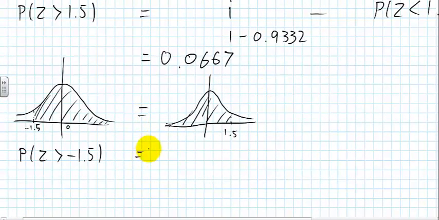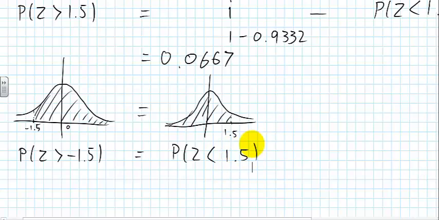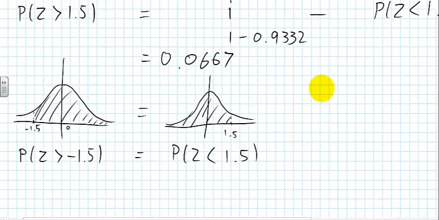So this is just the probability of z being less than plus 1.5, which we can work out using the table. Actually it's the same number as above, so we can just use 0.9332.